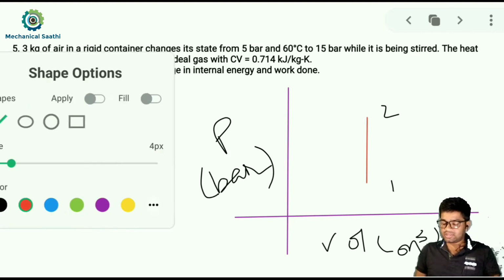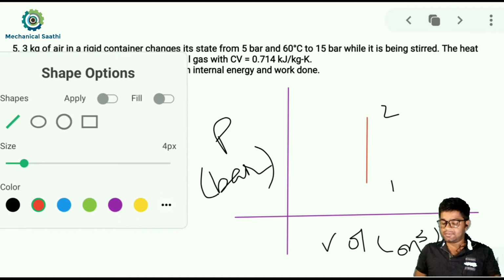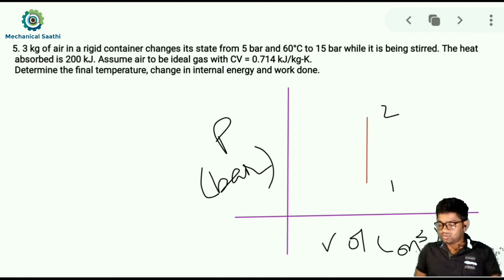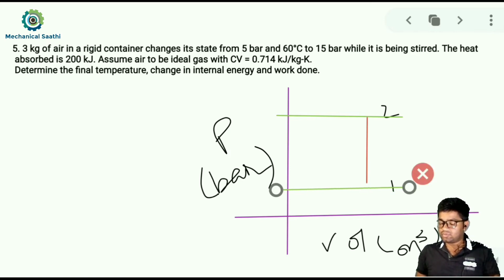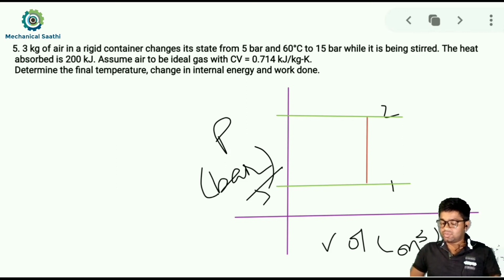So this corresponds to 5 bar pressure, and this corresponds to 15 bar pressure. This much data is given to us in the PV diagram, and we will now write all the data over here.